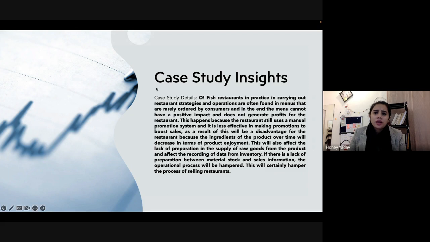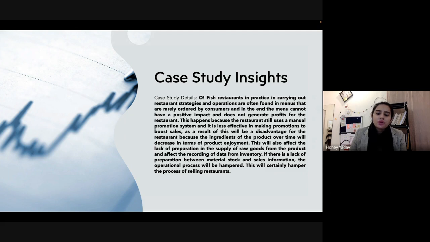They were carrying out restaurant strategies and operations, and they found that some menu items are rarely ordered by customers, cannot have a positive impact, and do not generate any profit for the restaurant. They wanted to identify how to design their menu card so that customers can order items in combination.